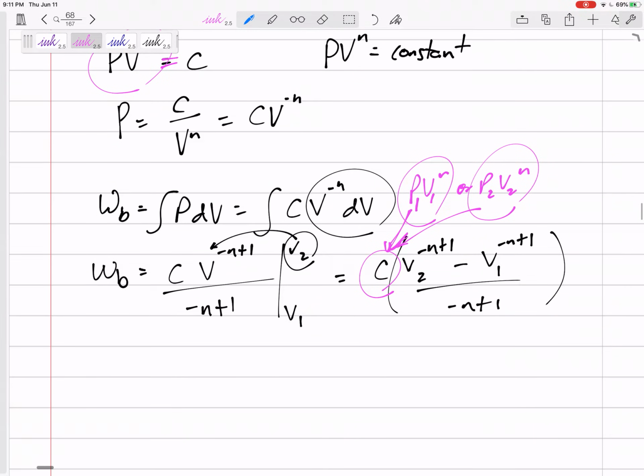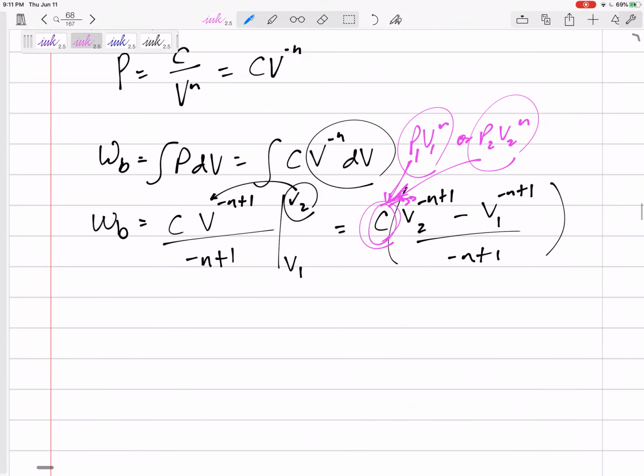So what I'm going to do now, I'm going to take this constant and multiply it times this first term. And because I've got this V2, I'm going to take this constant as P2. So boundary work, I'm going to take it as P2 V2 to the N, right?